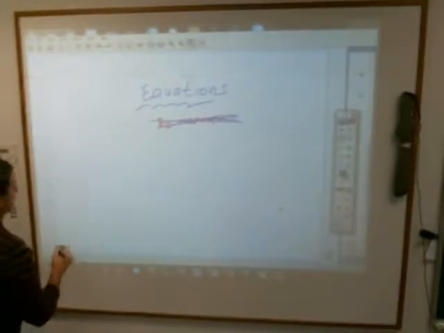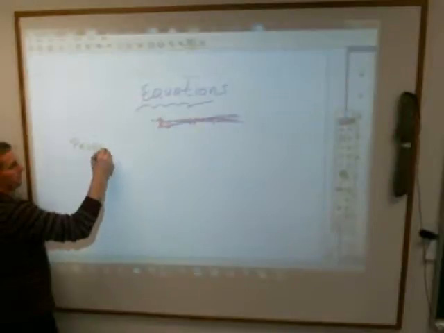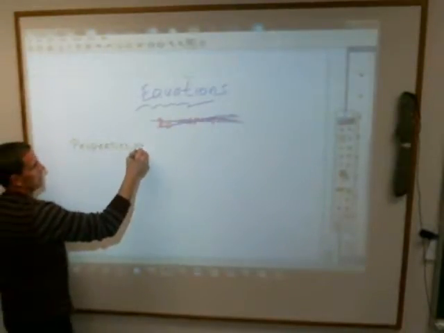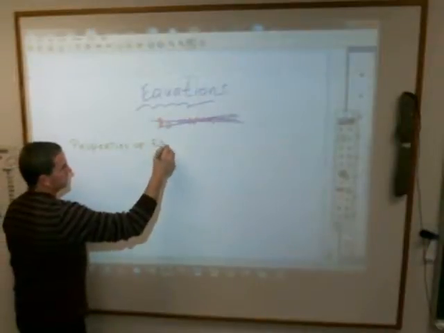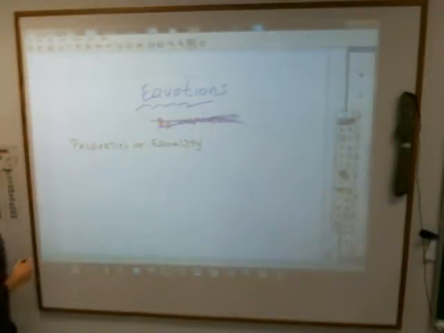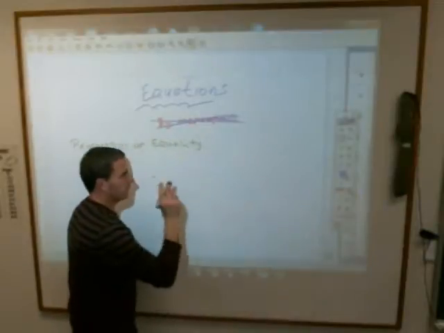And basically, the book says this. You are going to use what we call properties of equality. And we can sum those properties up in a simple couple of words that basically say this.